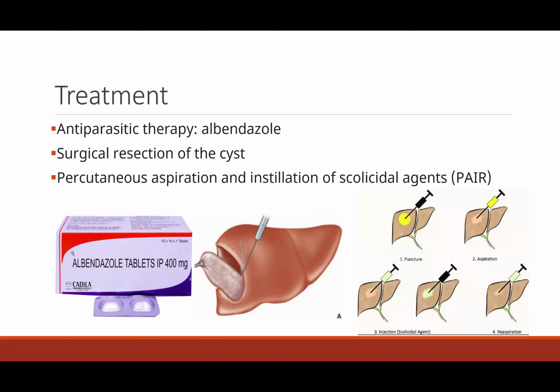Albendazole is the primary antiparasitic agent for Echinococcus granulosus, but in the absence of albendazole, or if patients have severe adverse reactions to albendazole, you can use mebendazole, but it is less well absorbed, and the duration of therapy is a little bit longer.